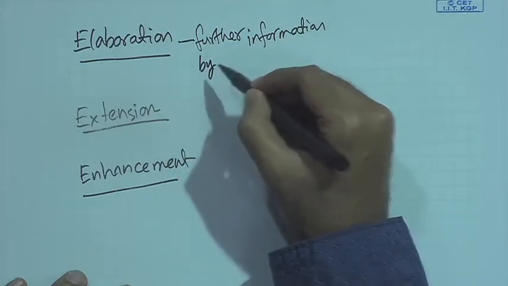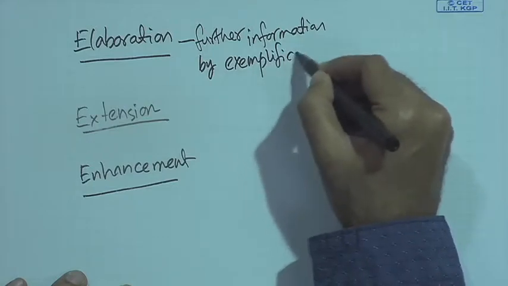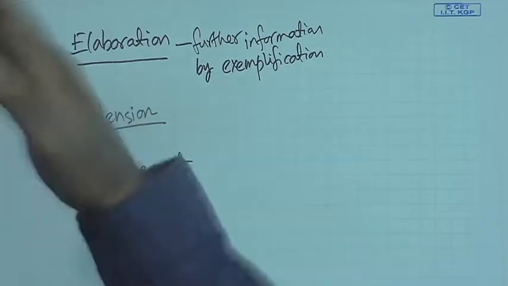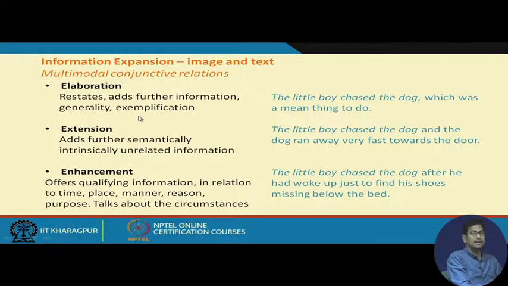So, this adds further information by exemplification or generalization. If we look at this particular example, elaboration restates and adds further information, generality and exemplification. One example is: the little boy chased the dog, which was a mean thing to do.